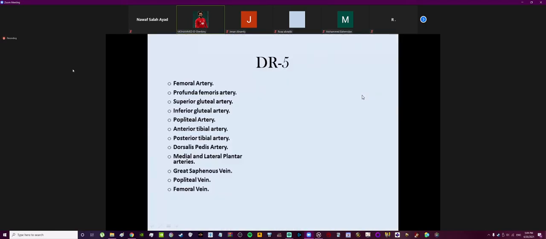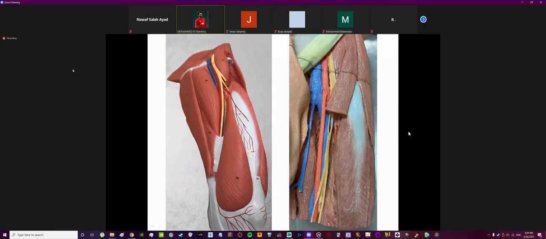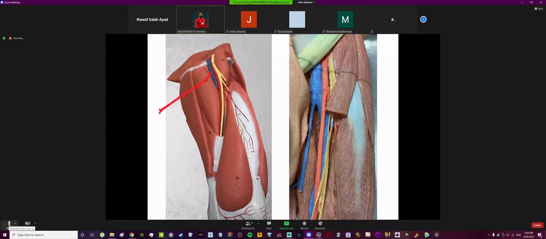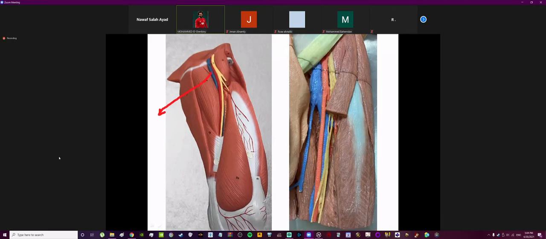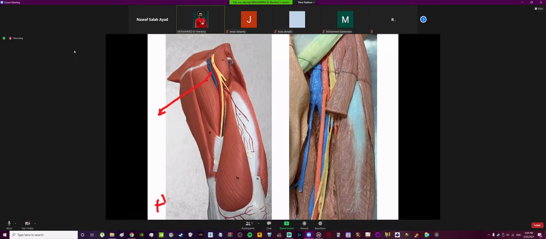From the lower limb. Identify this artery. I think this is the femoral vein. I told you, this is the thigh, anterior view.